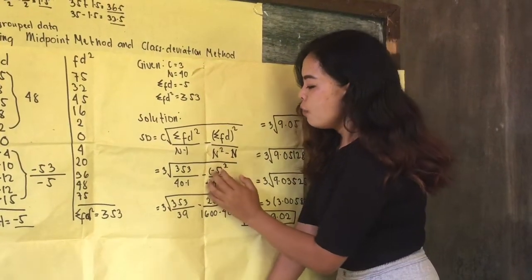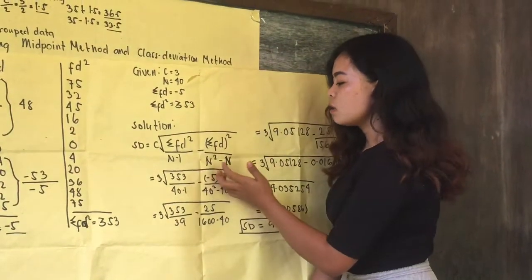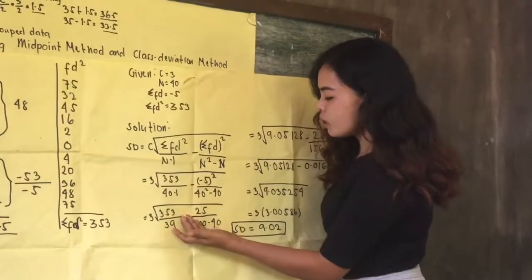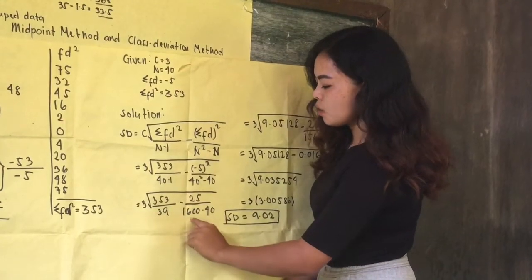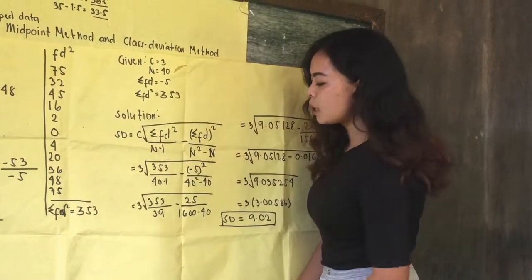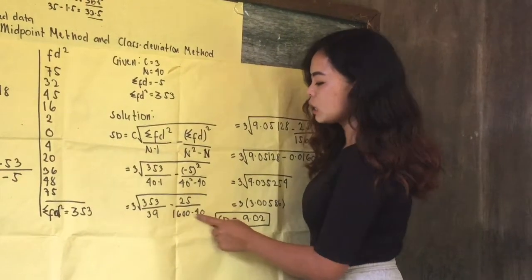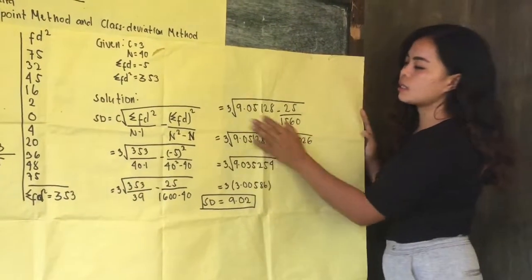So negative 5 multiplied by itself is equal to 25. Then divided by the square of 40, 40 multiplied by itself, or 40 squared, is 1600 minus 40. So this will be the next step.